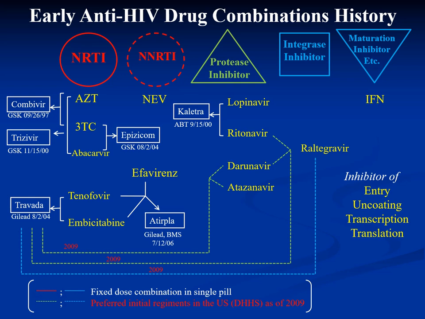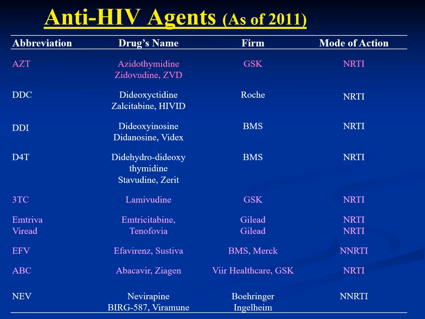This general approach can also be used for other viruses, such as herpes, COVID, in addition to vaccination therapy. This slide shows some examples of anti-HIV agents, which we will skip.